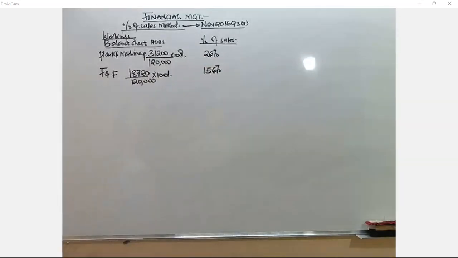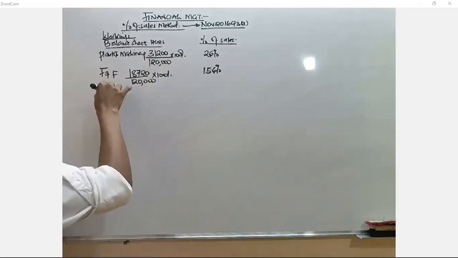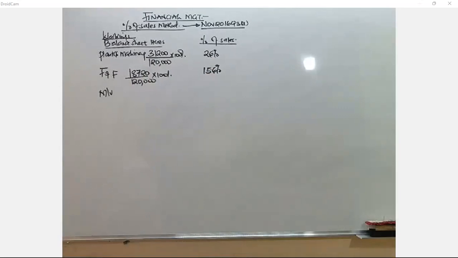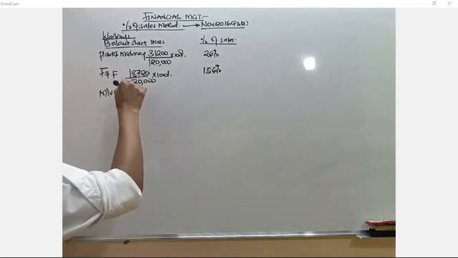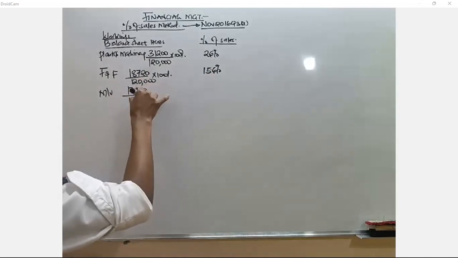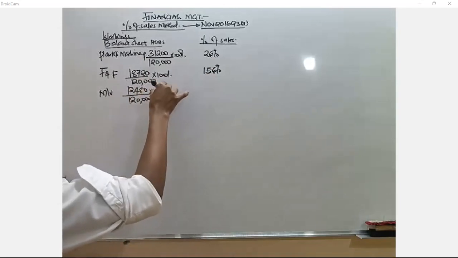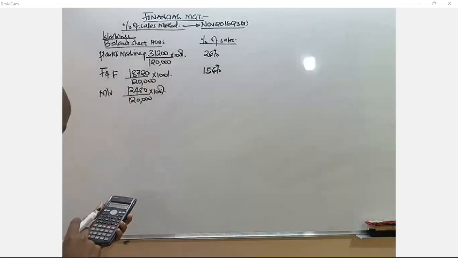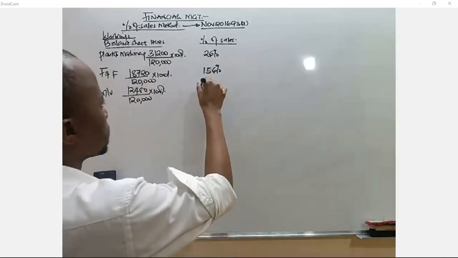The next one is the motor vehicle. The motor vehicle would be 12,480 divided by 120,000, multiplied by 100%. How much are we getting here? 12,480 divided by 120,000, getting 10.4%.